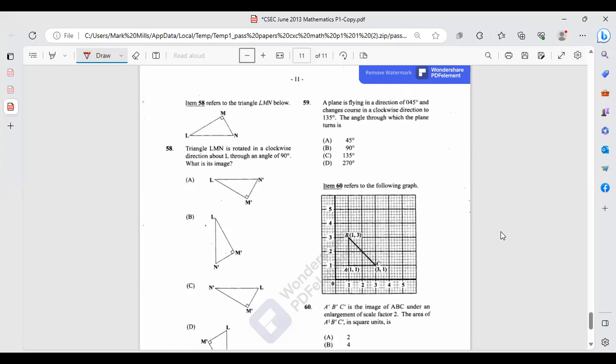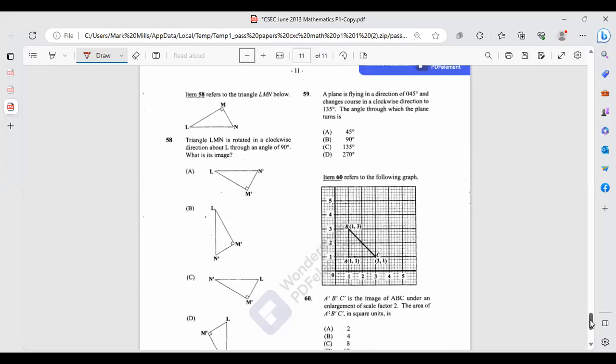Which one would have been the best option here? Sir, B. B, sir. Any other response? B. All right, I will say B as well. So why do I say B? Let me see if I can help you with that.